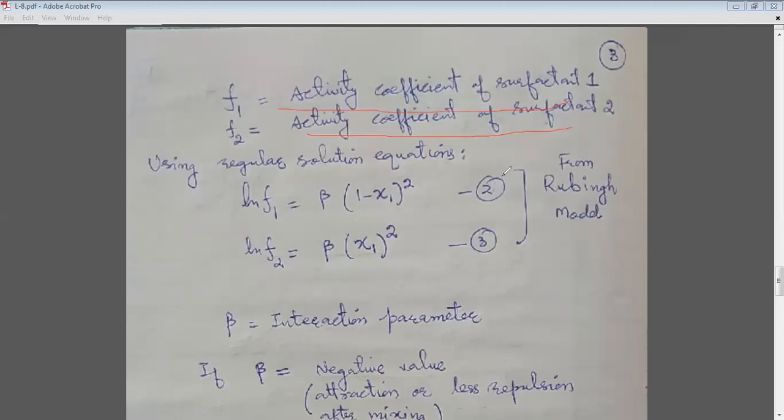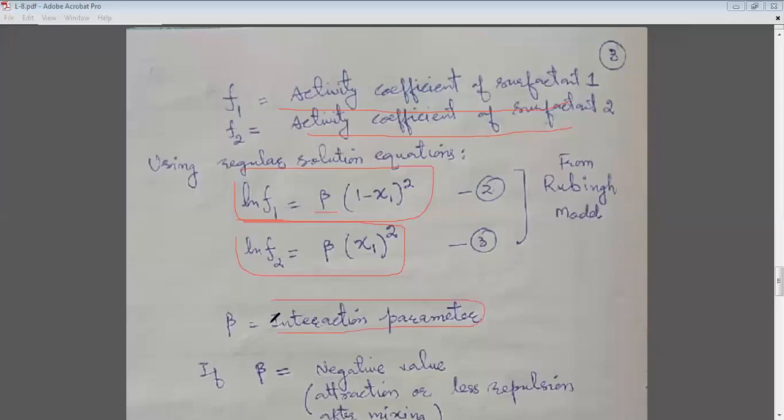What he found is that when we take the natural logarithm of F1, the activity coefficient of the first, it will be equal to beta into 1 minus chi1 whole square. Very important relation. Next, ln F2 is related to beta chi1 whole square. What is beta here? This is called the interaction parameter.